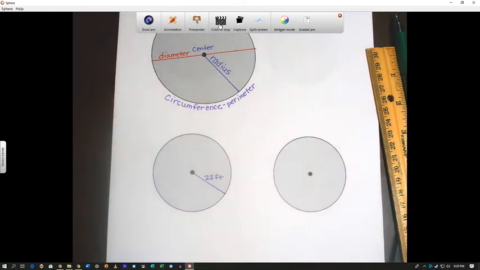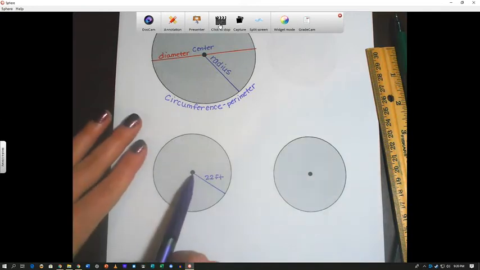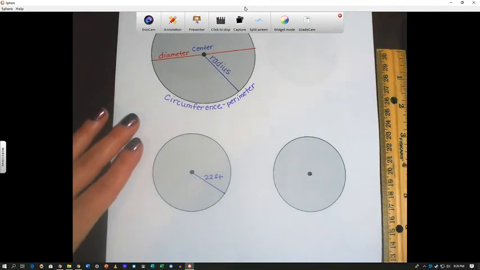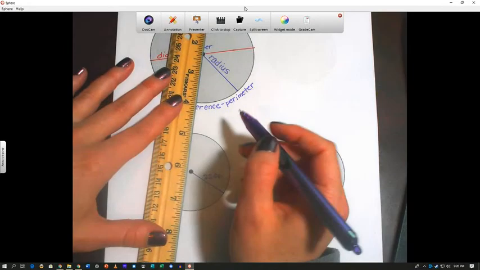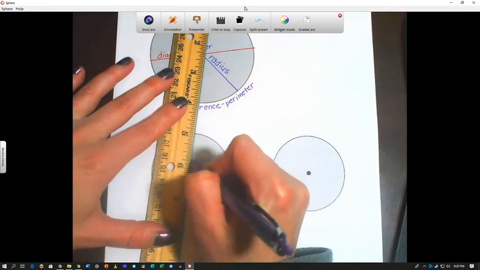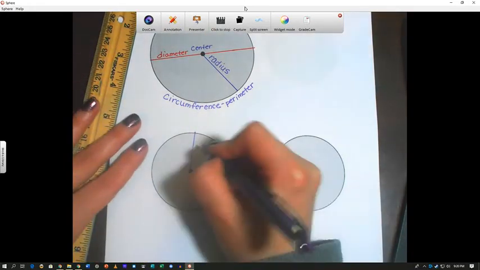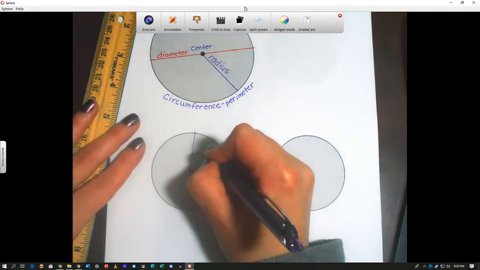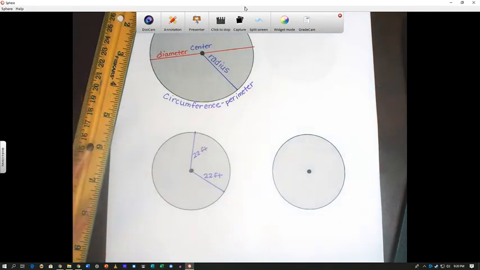So that's halfway through the circle. By the way, if this radius is 22 feet, well, this radius is also 22 feet. But I want to know what the diameter would be if the radius is 22 feet.